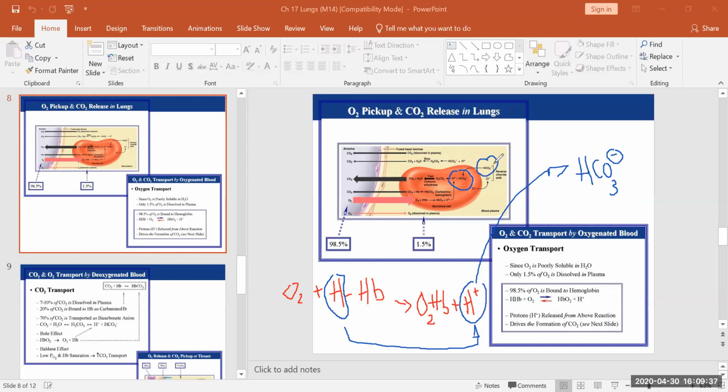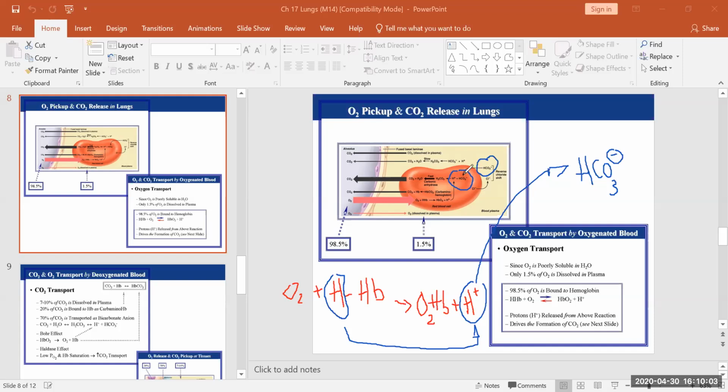So when that bicarbonate gets into the red blood cell, it gains a negative charge. That negativity has to be exchanged. You don't want a net charge in anything, right? All our cells, all our surroundings are neutral. We're not talking about the plasma membrane here. We're talking about the entire cell.